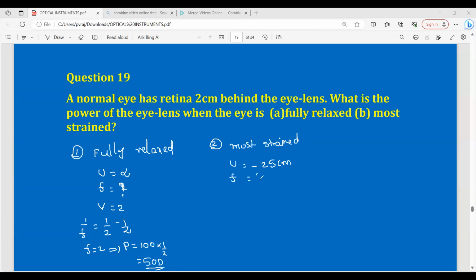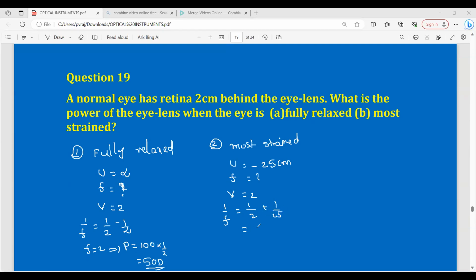Again, focal length we don't know. Power you have to calculate, of course. And V, final image distance should be on the retina. That is always 2 centimeters only. Now, by using the same formula, 1 by F equal to 1 by 2 minus 1 by U, అంటే minus 25 కదమ్మా, ఇలా వేసేస్తాను.